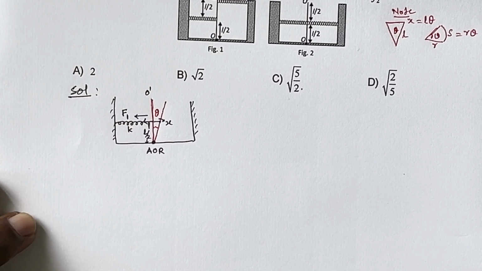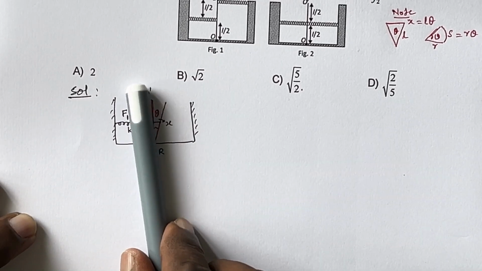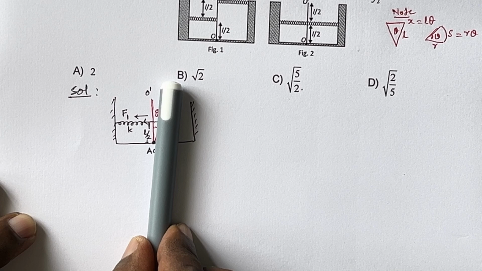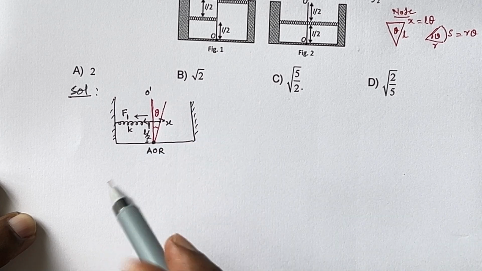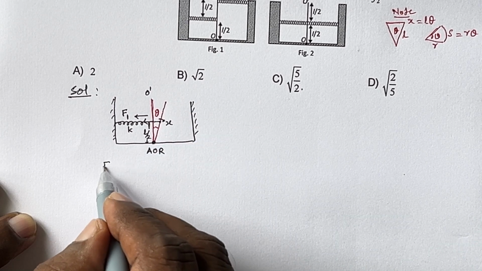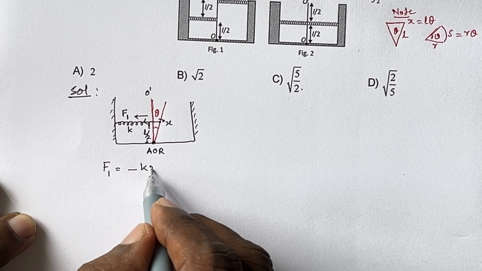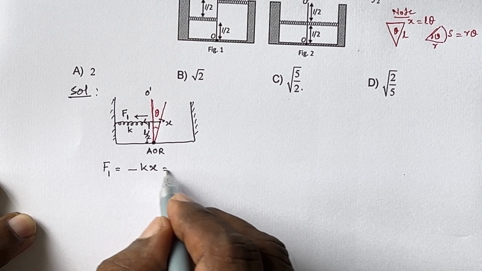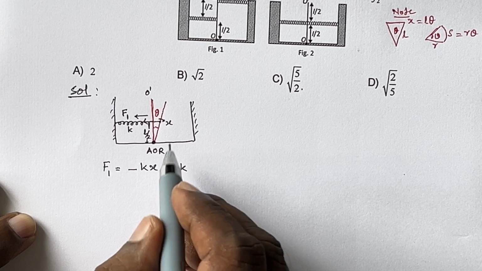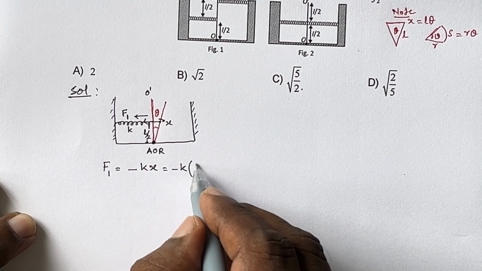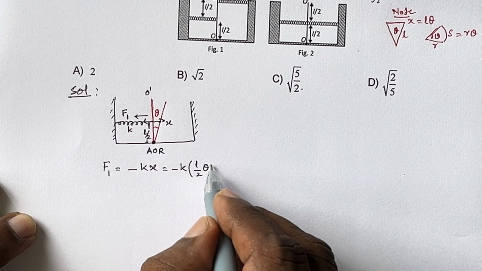Whenever I make a small angular displacement of the rod, immediately a restoring force develops in the spring. That formula is minus kx. This x value is L by 2 into theta.